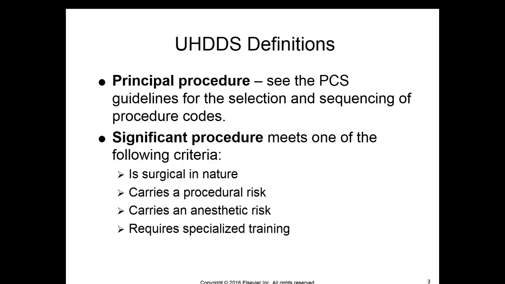In this next example, we have a procedure performed for definitive treatment, and we have a diagnostic procedure, both of them for the principal diagnosis. An example of this is a patient who comes in and they have a breast biopsy and then they have a mastectomy. The biopsy is diagnostic. They're doing a breast biopsy to look at a lesion to determine whether or not the patient has cancer.